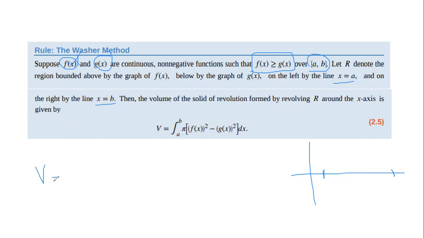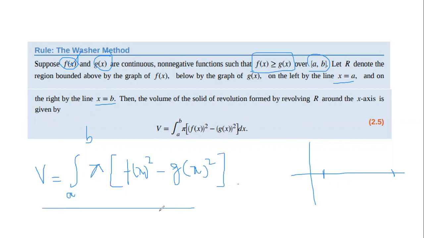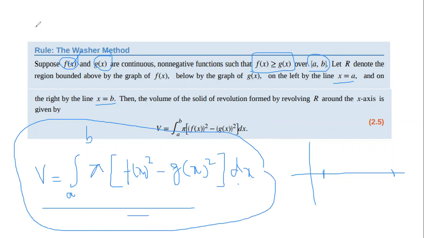So the volume will be equal to the integral of pi times f of x square minus g of x square. This is the way to find the volume using the washer method.